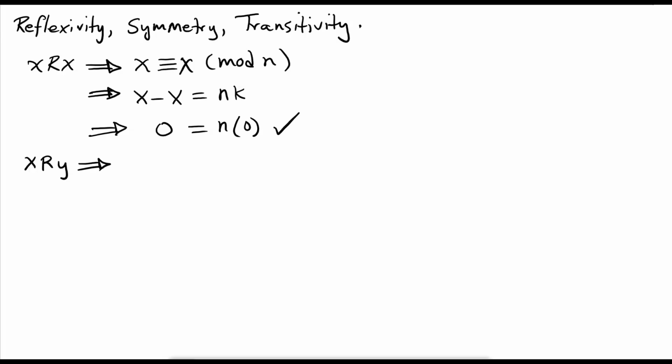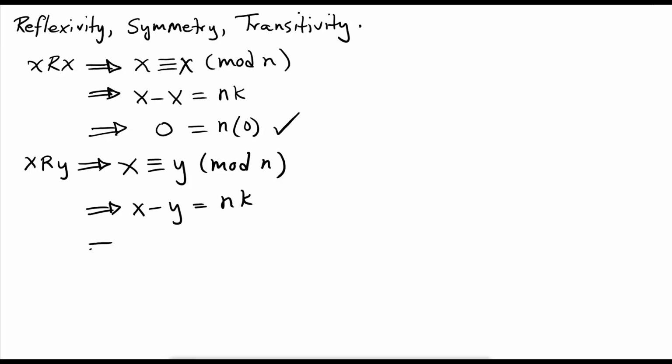That means that x is congruent to y modulo n. And that means that x minus y is equal to n times k for some k in the set of integers.